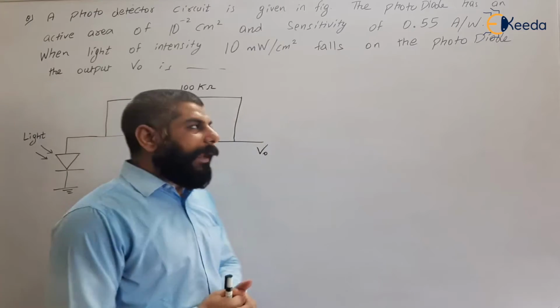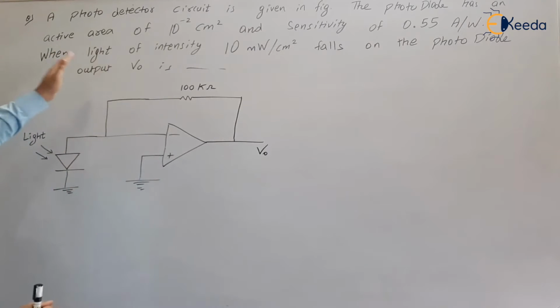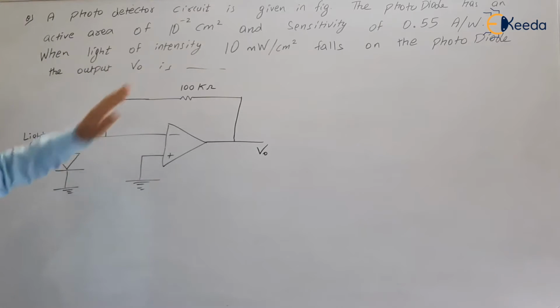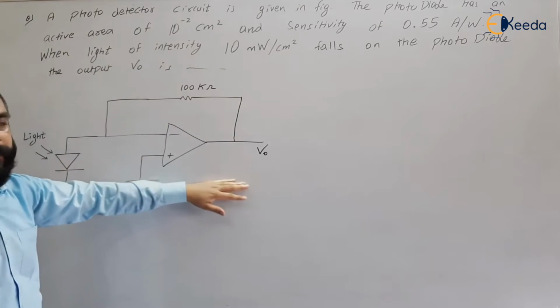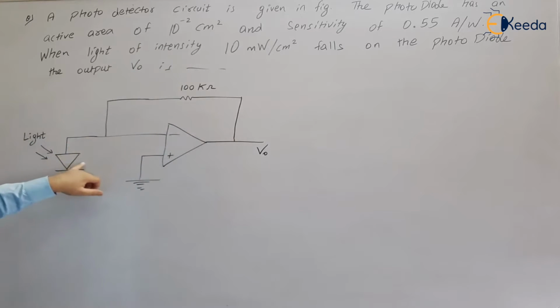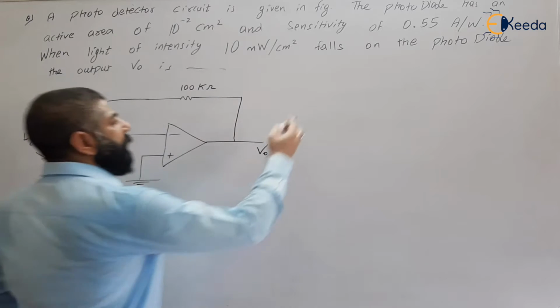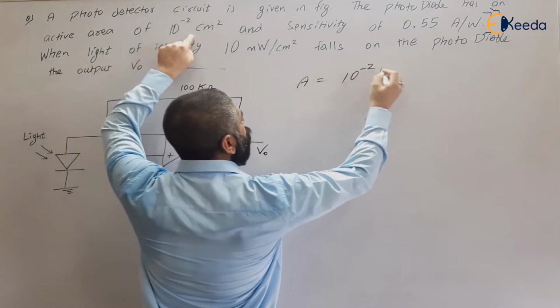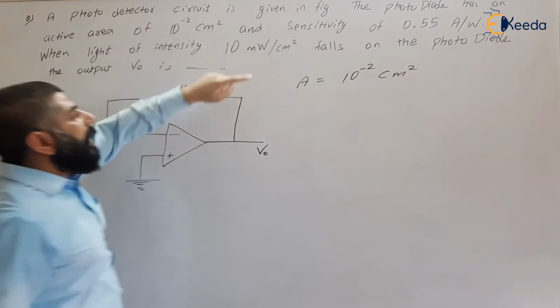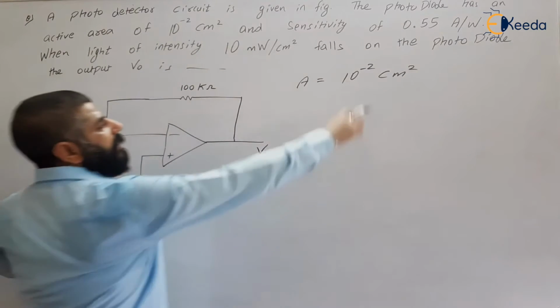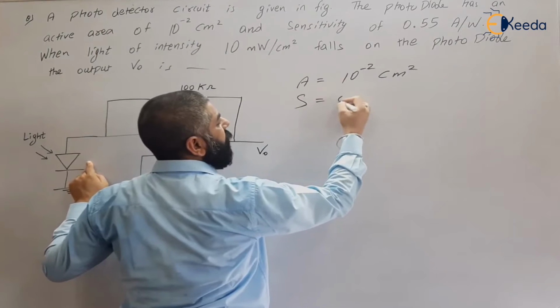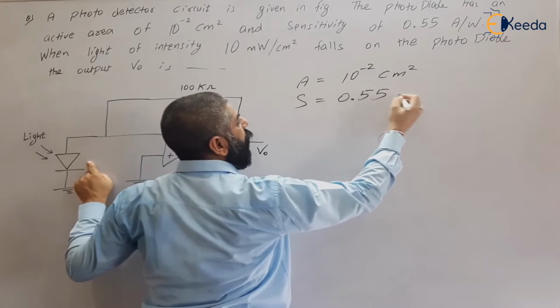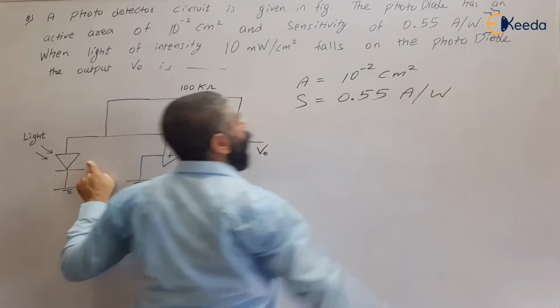So I have written a numerical on a photo detector circuit in the given figure, and this is the figure I have drawn. The photodiode has an active area of 10 raised to minus 2 centimeter square, and the sensitivity of this photodiode is given as 0.55 ampere per watt.